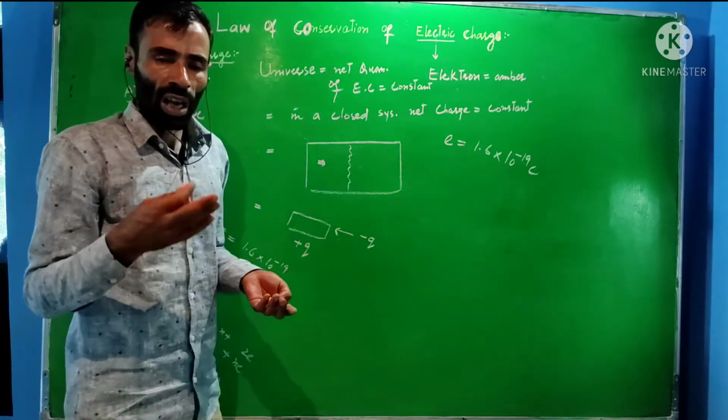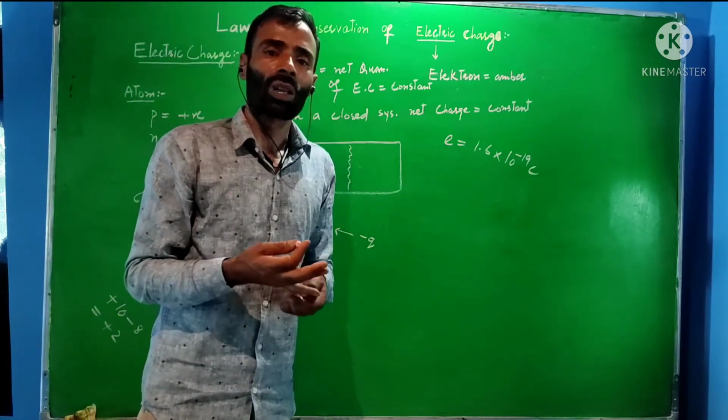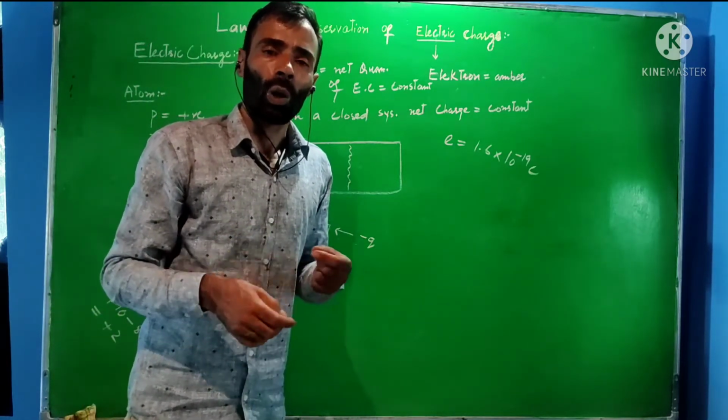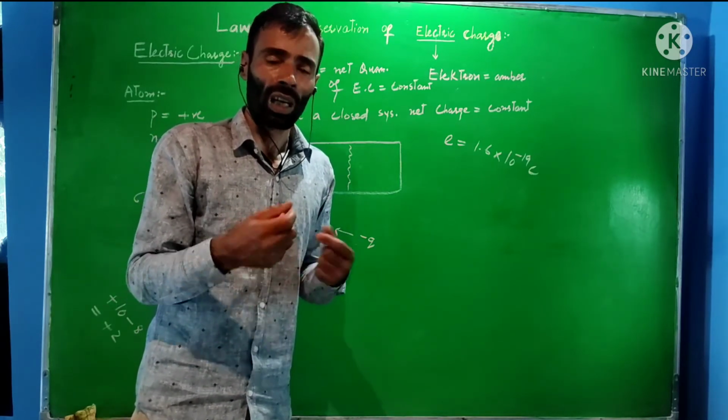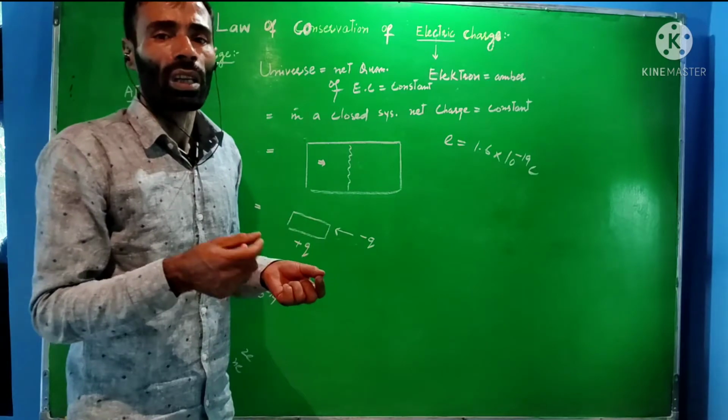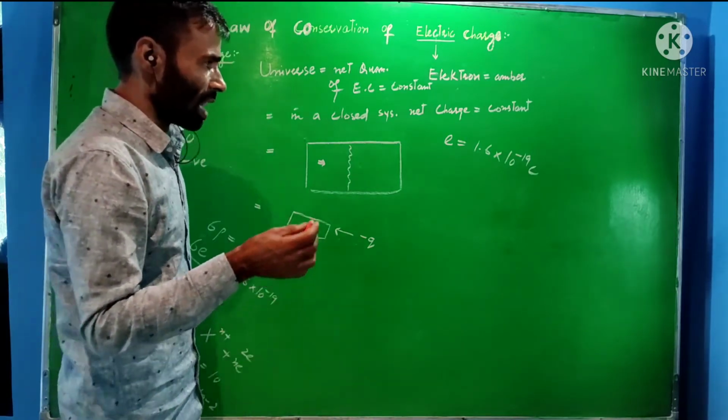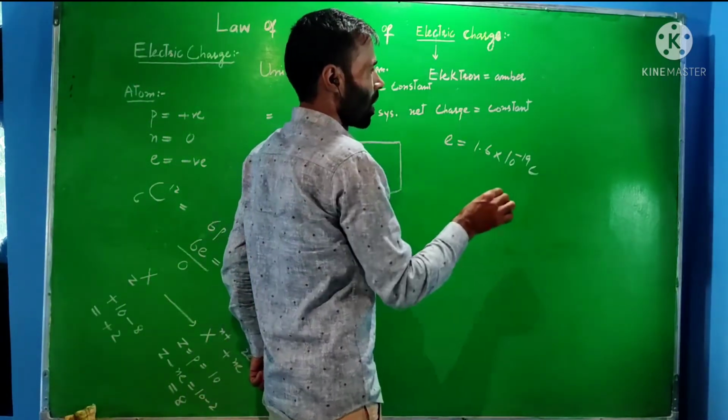Now a substance acquires positive charge when it loses one or more electrons, and it acquires negative charge when it gains one or more electrons. That was the same as performed by the Greeks.